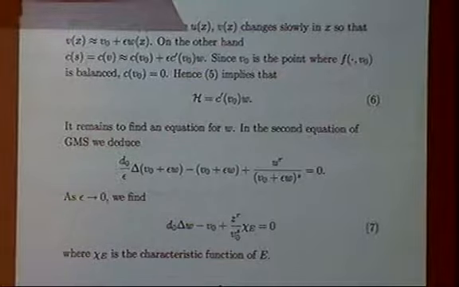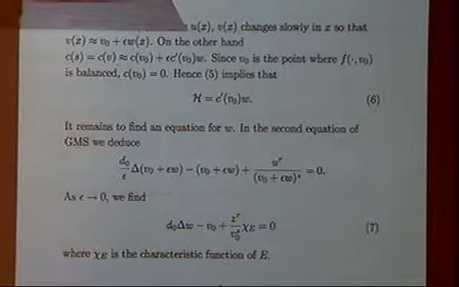And then, of course, C of S is C of V, and we expand this speed at V, and we write down these two terms of the expansion. And we know that V0 is the parameter that makes the function balanced. So at V0, the speed of this traveling wave is equal to 0. Right? In the balanced case, you have a standing wave. So C of V0 is equal to 0.